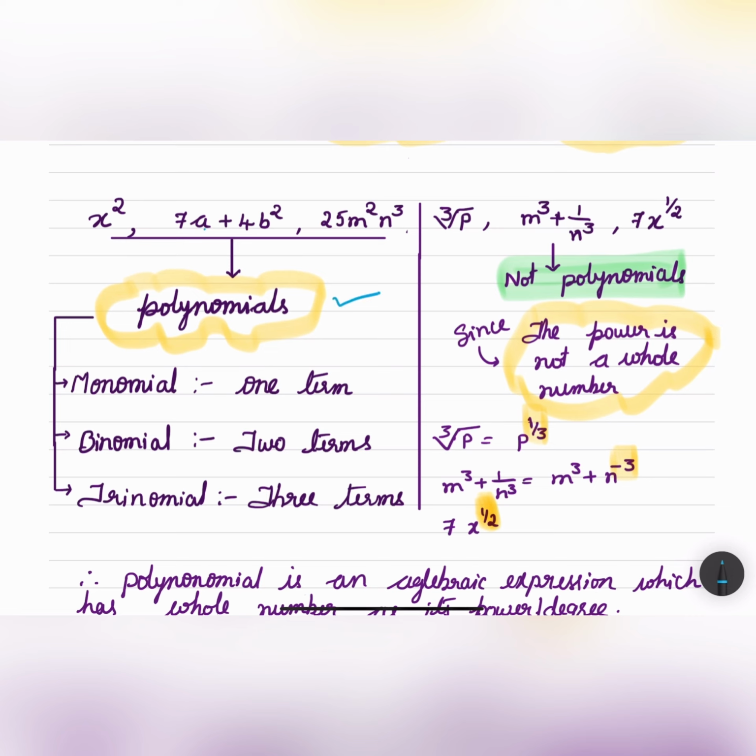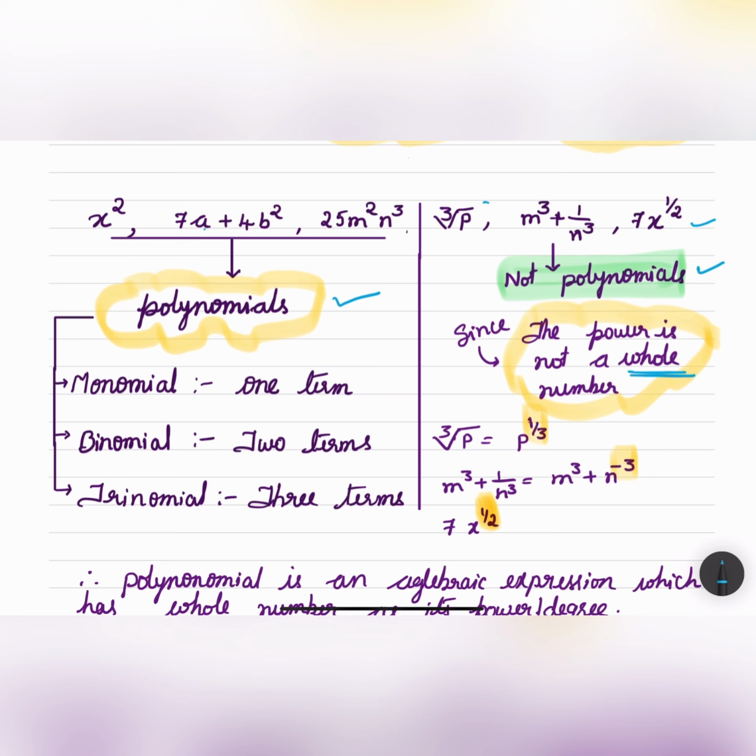These are polynomials. But cube root of p, m cube plus 1 by n cube, and 7x to the power half are not polynomials. Why are they not polynomials? Since the power of them is not a whole number.